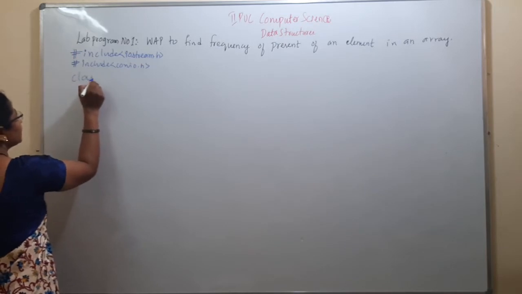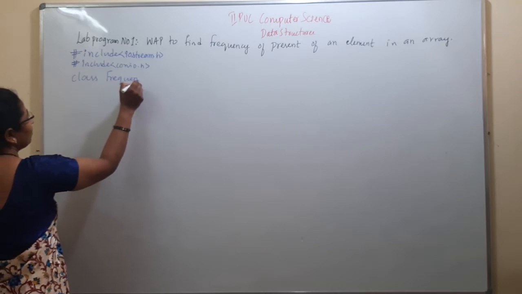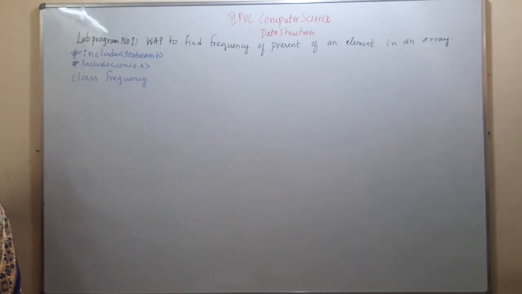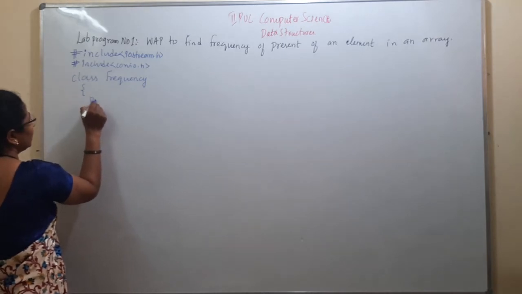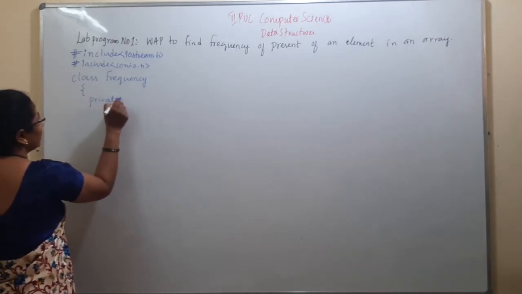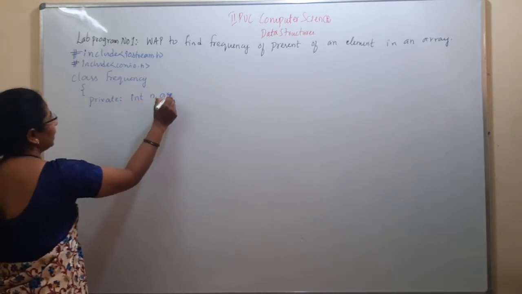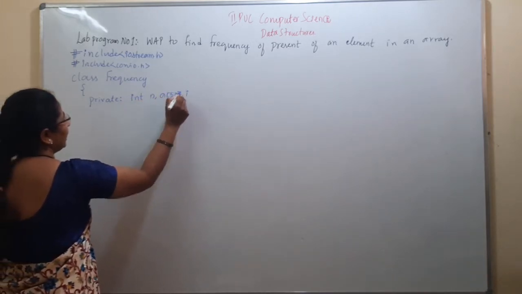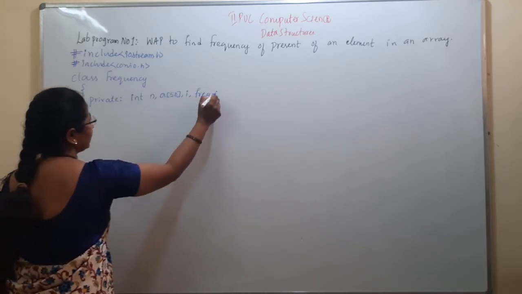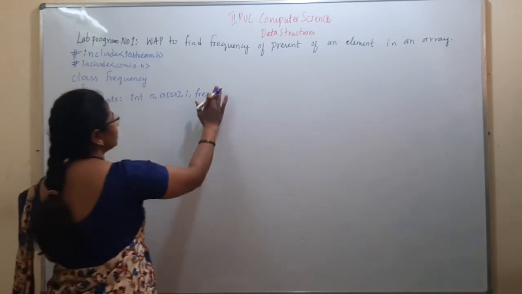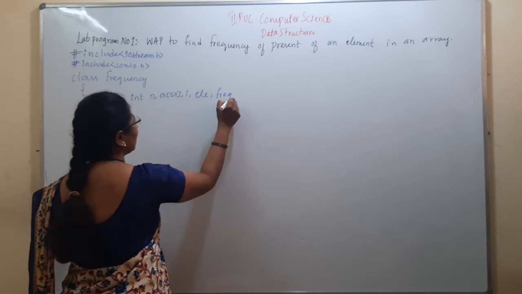Then the class definition, followed by the class name, frequency. Declare the variables under private as data members. Here we need array size, array elements, index i, the searching element, and the frequency counter.